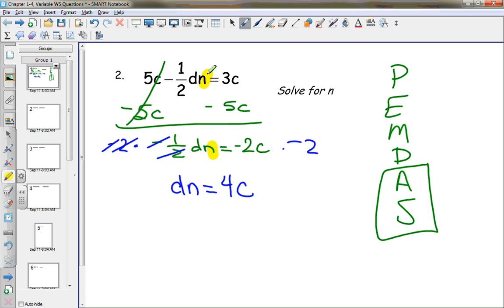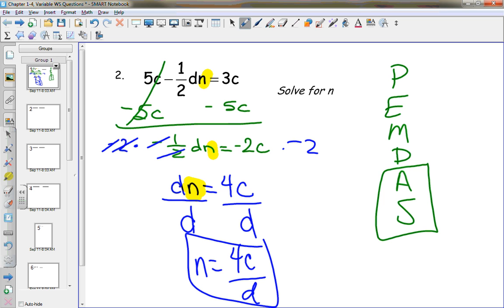I'm solving for N, which means what's attached to the N? How is it attached? That's multiplication. What's the opposite? So we're going to divide both sides by D to give me N is equal to 4C over D. How many people who attempted to do this last night got that answer correct? Good job, ladies and gentlemen.